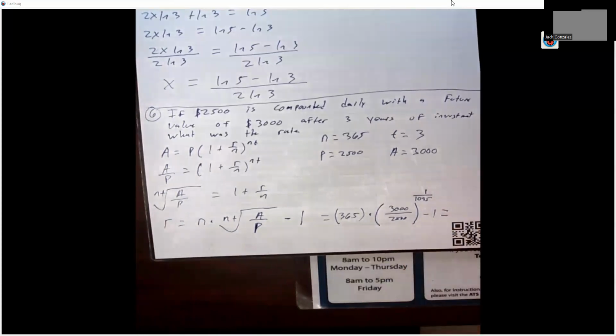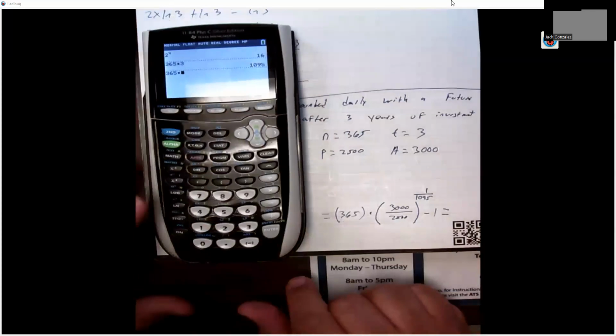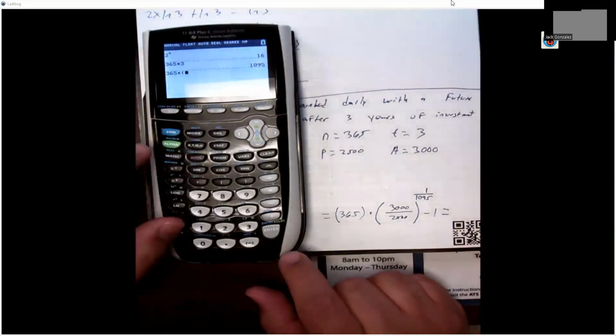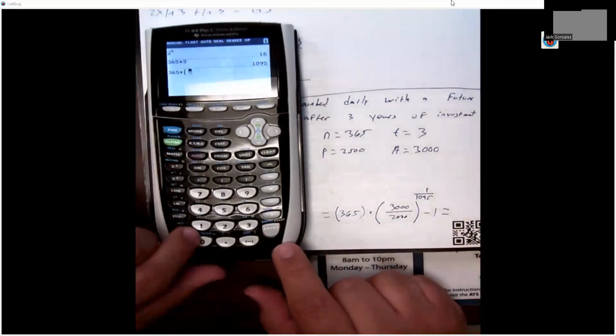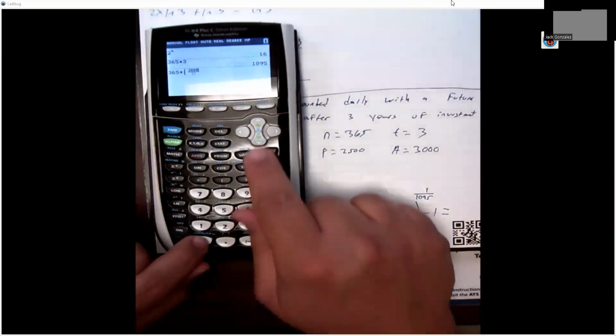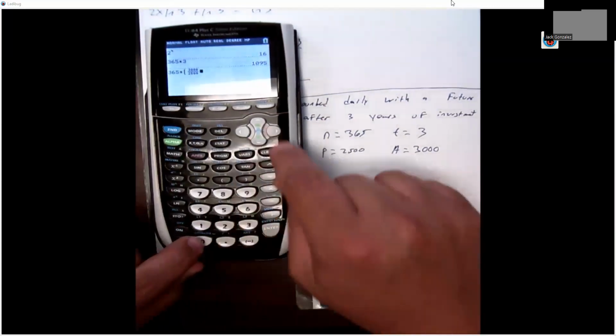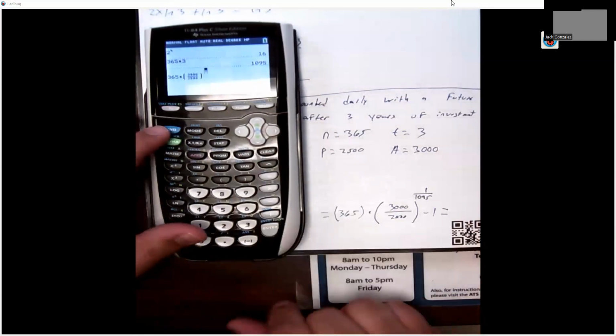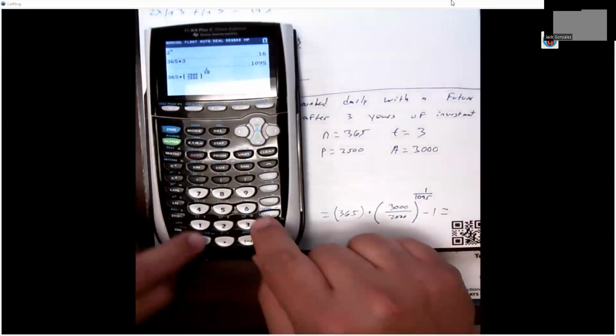Either way, at this point, it's calculator time, right? So 365 times the fraction 3,000 over 2,500 to the fraction 1 over 1095.